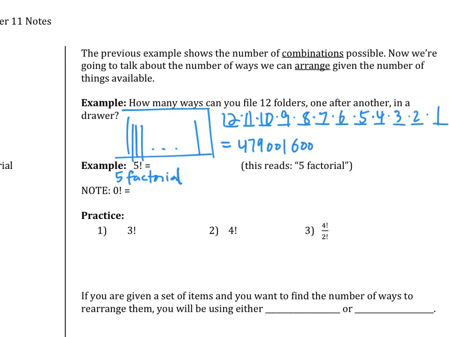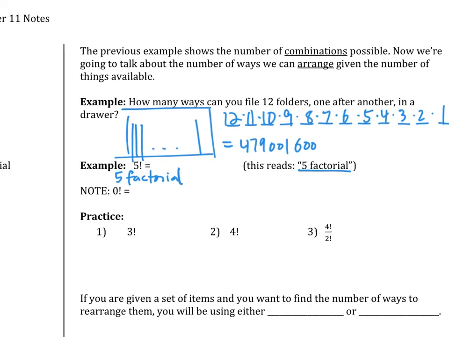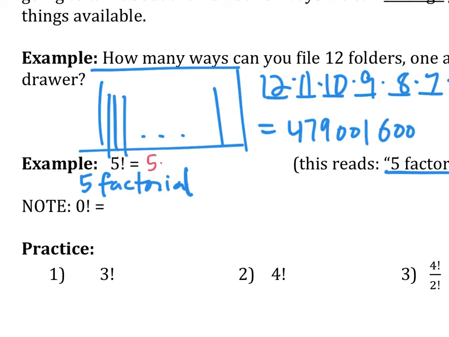Okay, and I wrote that here. 5 factorial. Now, what's 5 factorial? Basically, what you do is you multiply from 5 down to 1 in descending order, and it's only integers. So 5, 4, 3, 2, 1. And then if you multiply all that together, let's see, you should get 20 times 6, 120.